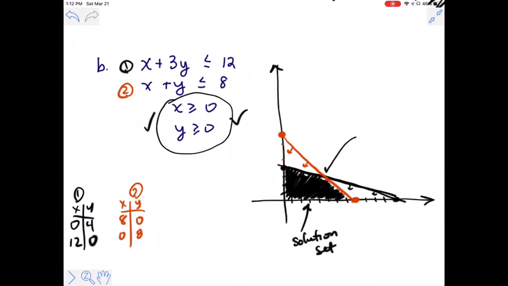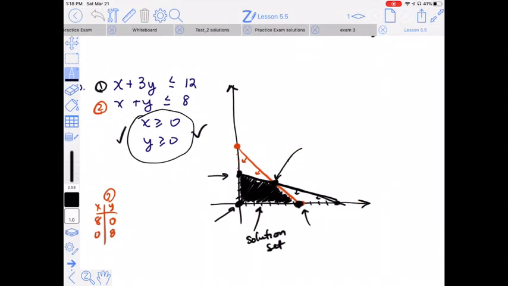But then included in the solution set really would be vertices. Vertices are corner points or boundary points of the solution set. So we have one right here, one right here, one right here. Sometimes the vertices or the corners of the solution set are easy to identify.